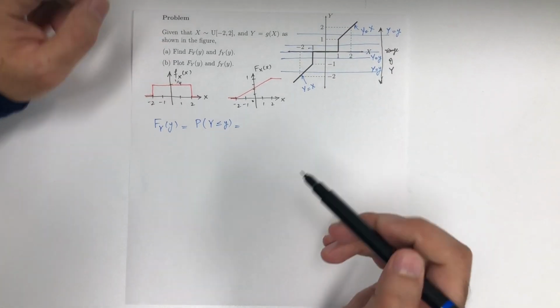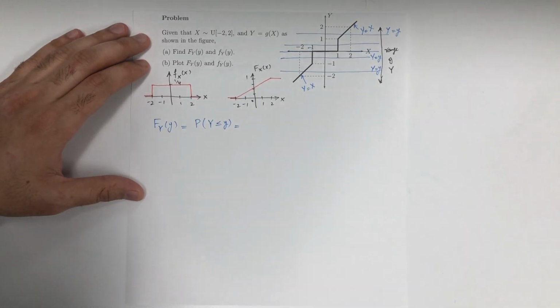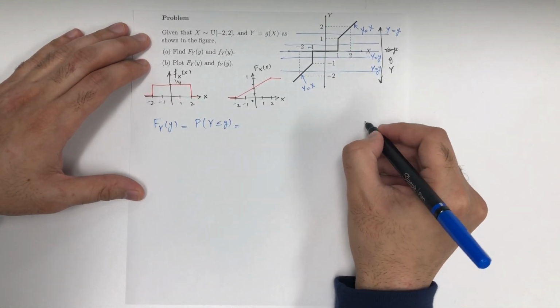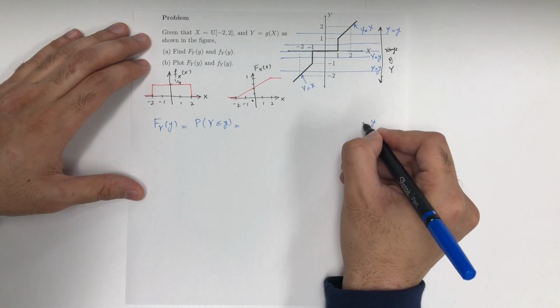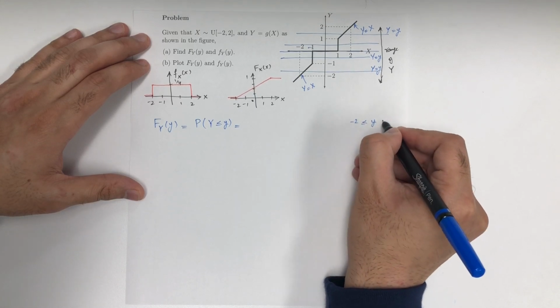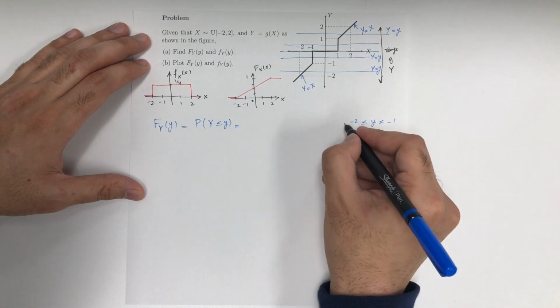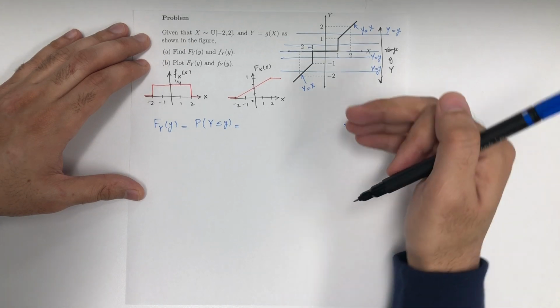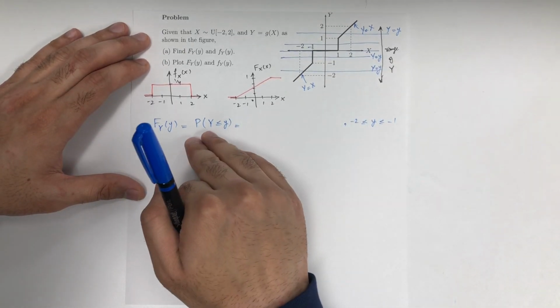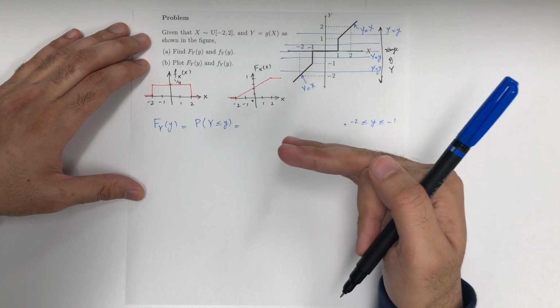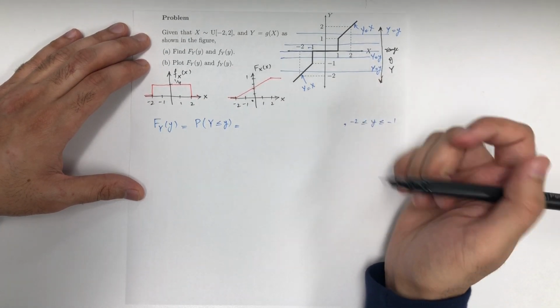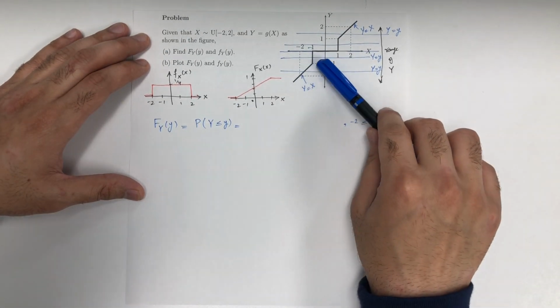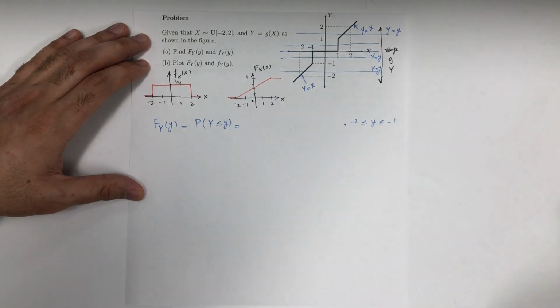So let's write down the distribution function of y for each of these possibilities. So let's say now y is between -2 and -1. The probability of big Y being smaller than y means the region where the black solid line is below this blue line.